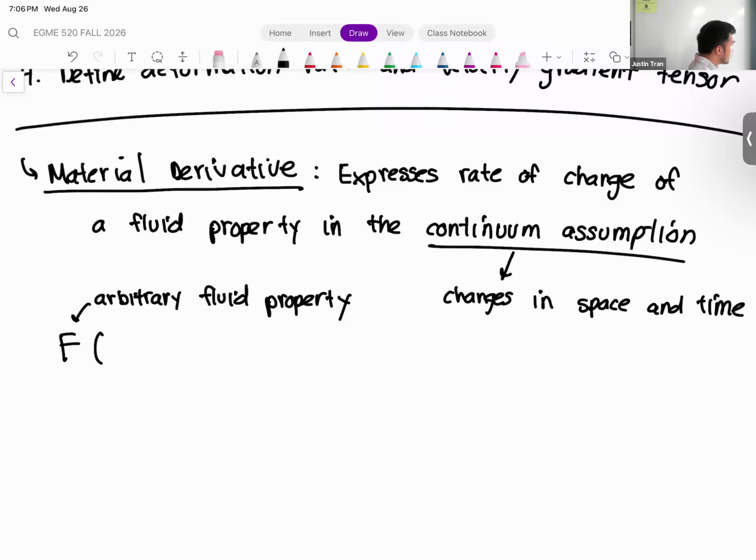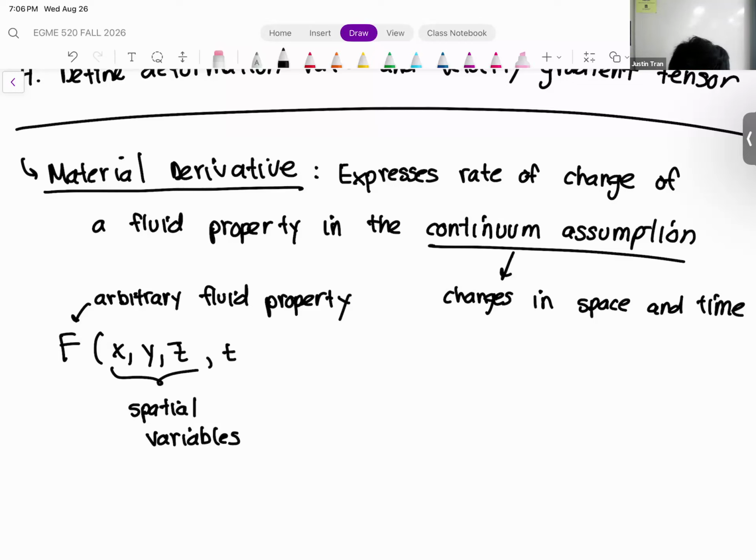If we're in the continuum assumption, f is going to be a function of all three spatial variables, x, y, and z. And so just moving from one location to another in the fluid field, the value of f can change. Otherwise, and this is how we express it, f is a function of time.